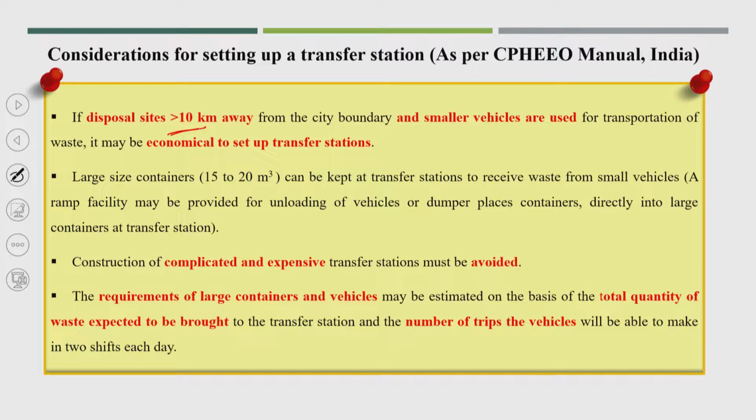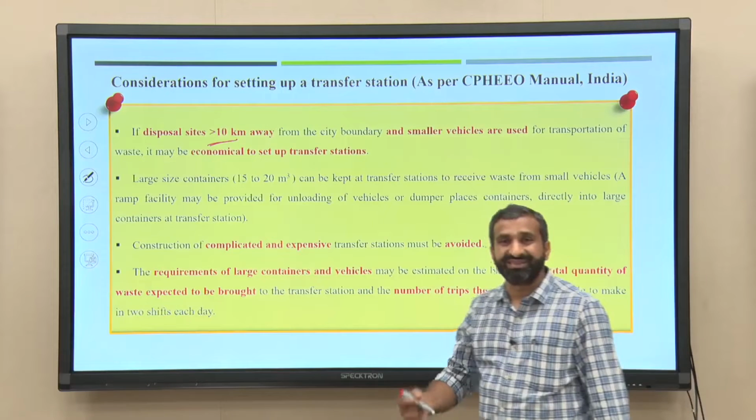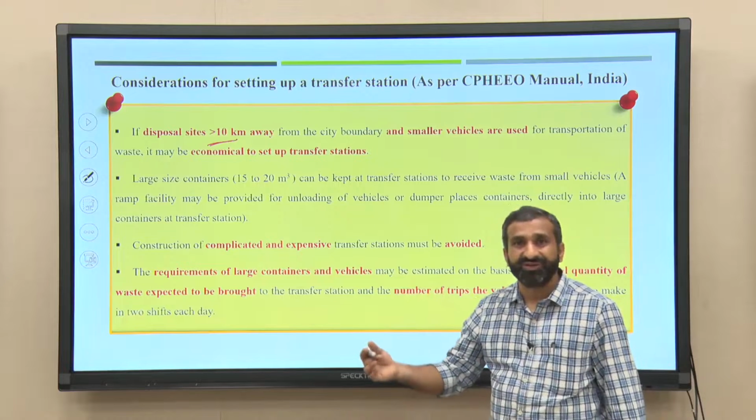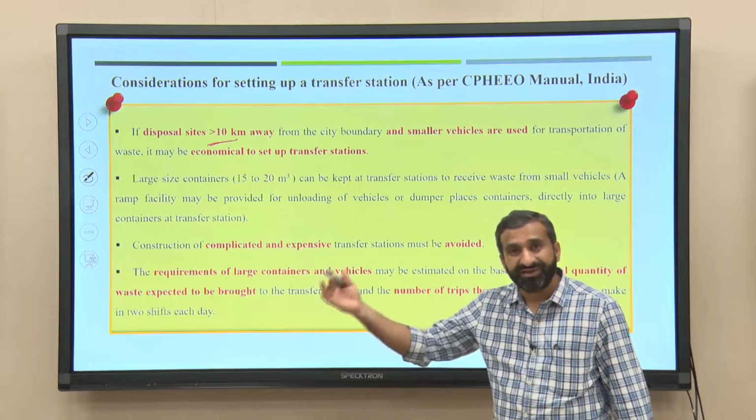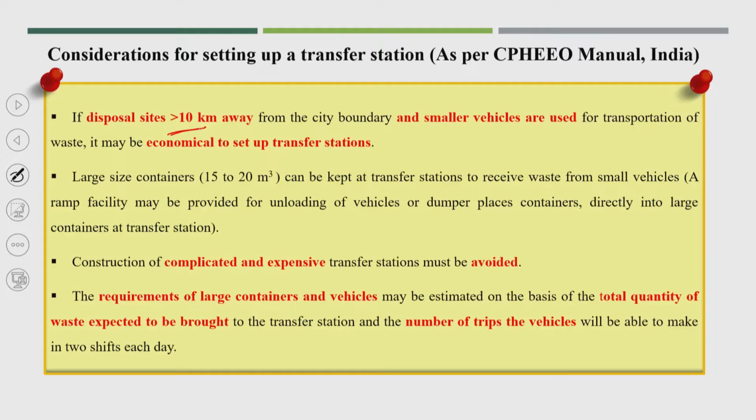In the last 2 lectures I was talking about distances of 20, 30, 40 or 100 kilometers, but this manual suggests that if the disposal site is greater than 10 kilometers and smaller vehicles are used for primary collection, it is possible to set up a transfer station economically.